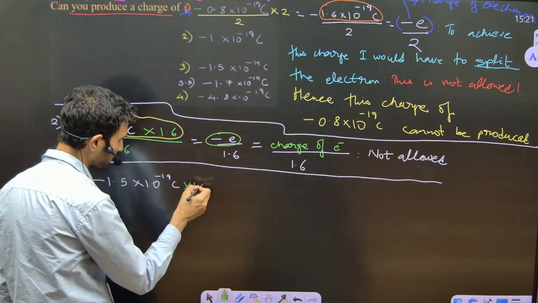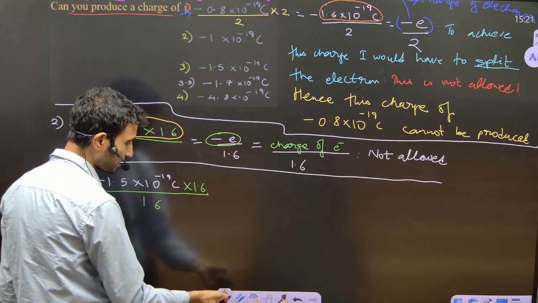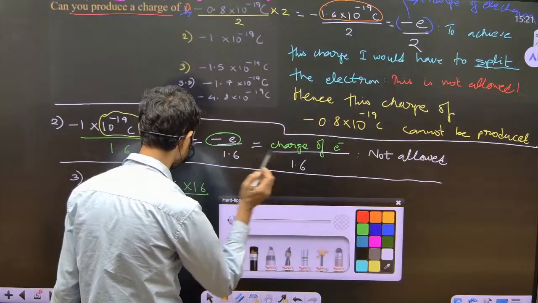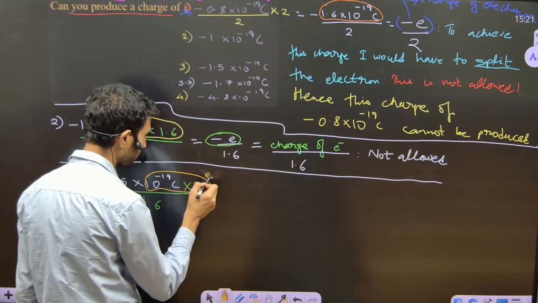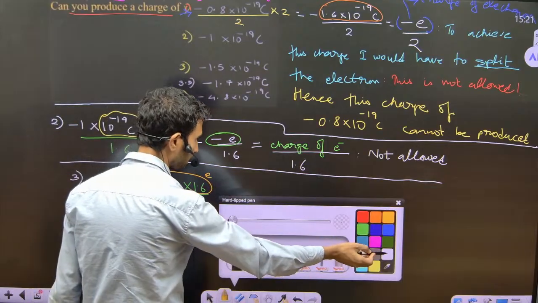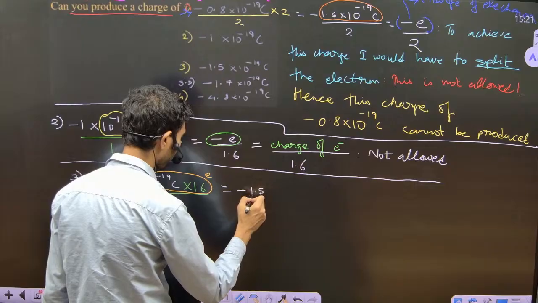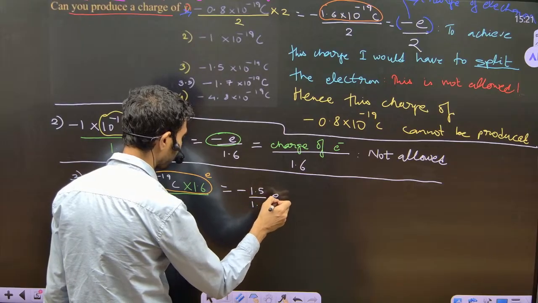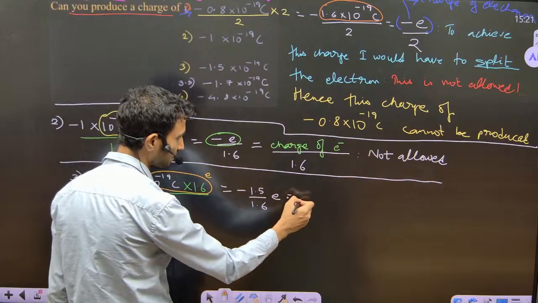Multiply it with 1.6 and divide it by 1.6. Once you do that, you will recognize this object as your E, and that gives you that this is equal to minus 1.5 divided by 1.6 E, right? So it's like multiplying E with this number, which is 15 by 16.